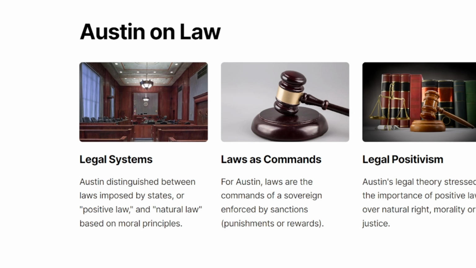So, Austin said that laws are commands. What does it mean? That everybody has to follow it. It doesn't mean that these laws are only for a group of people who have to obey them. No, according to Austinian theory on legal sovereignty, laws are regarded as commands.